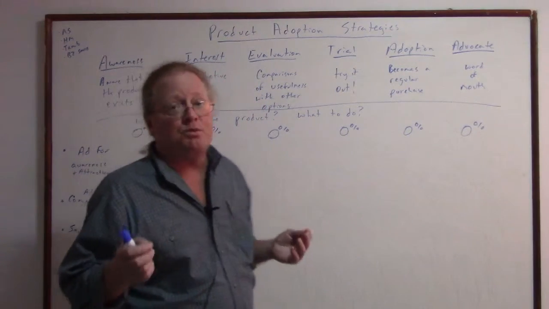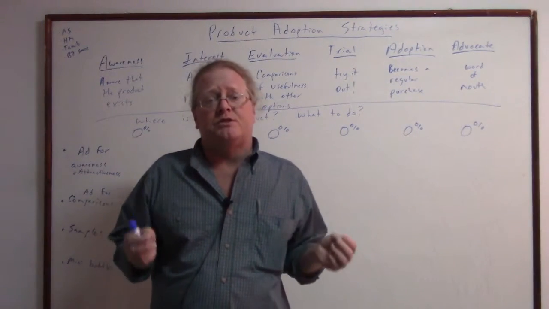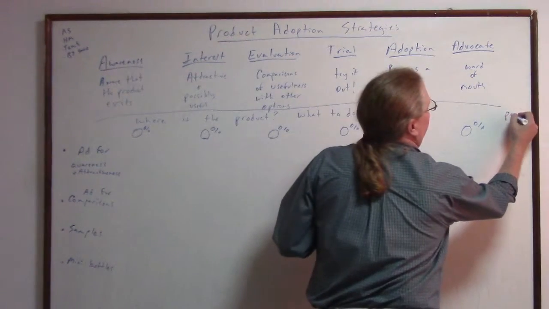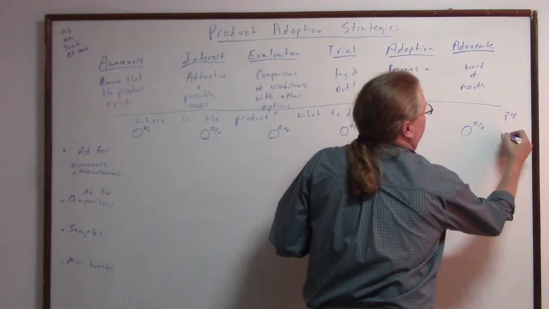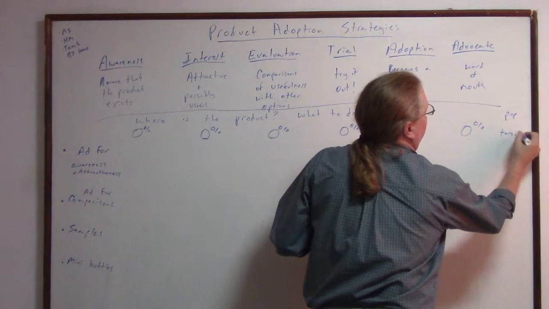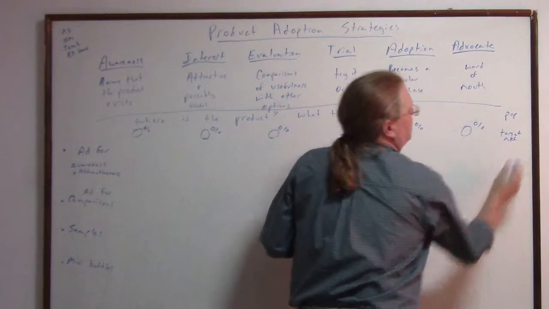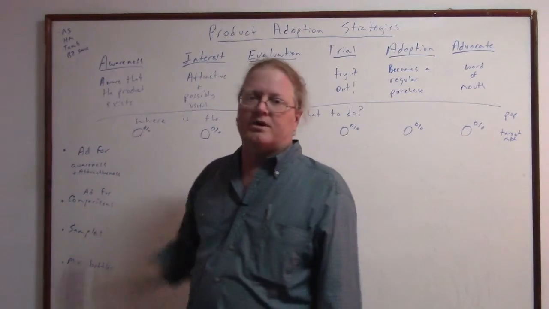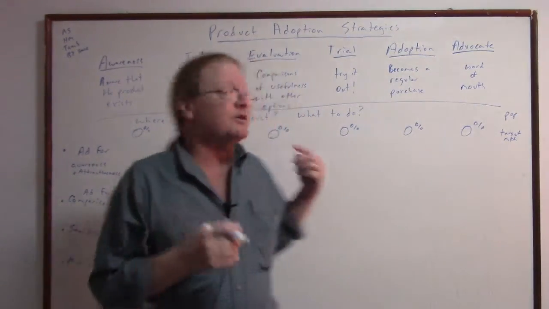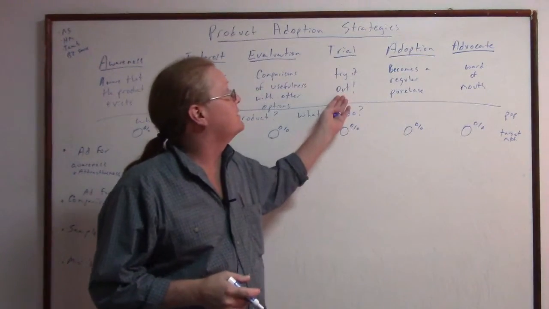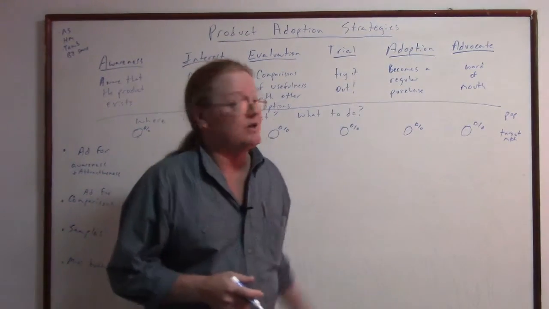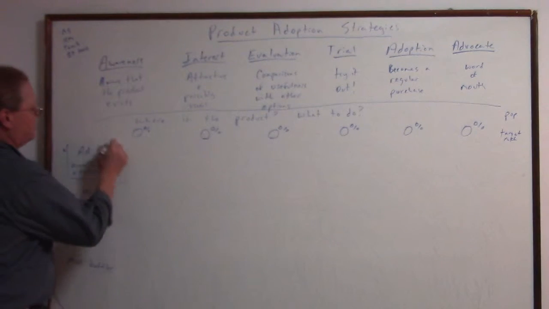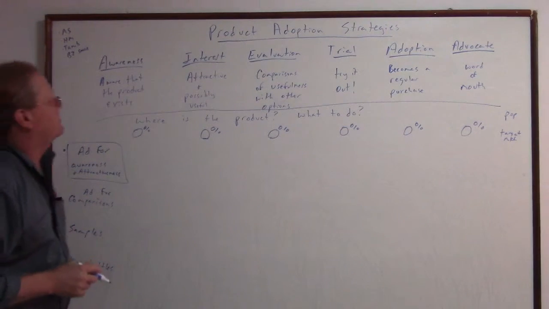And at this point, if we put a percentage level of the population, it could be the population or it could be the target market, such as kids. How many kids are aware of your product? Zero at the moment. And you've got to work them through to get them to try it and hopefully adopt it. Well, we could do an ad for awareness and attractiveness.